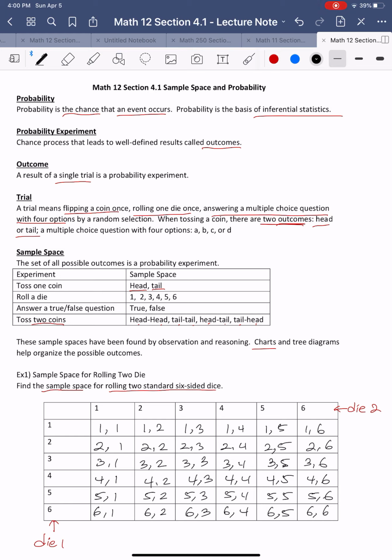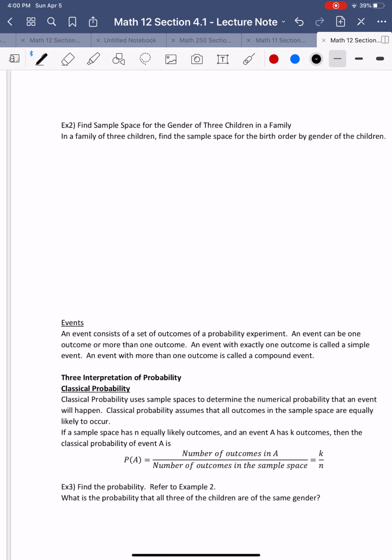When you count them, there are 36 outcomes in the sample space if you are using two dice. Okay, let's go to the next problem.